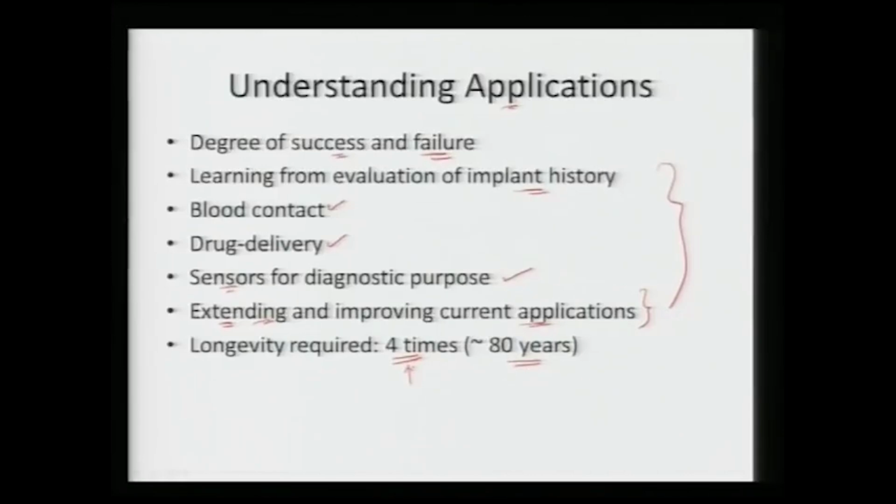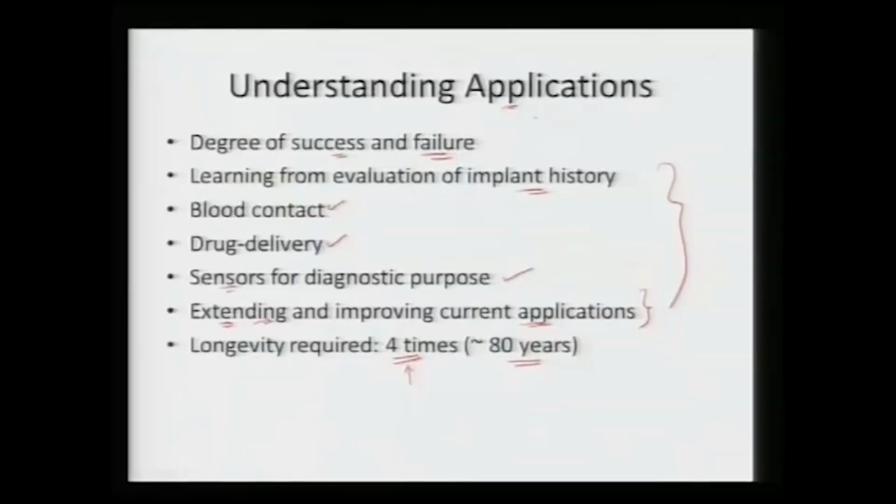Just reiterating, understanding the applications is based on the degree of success and failure that we can learn from the history of that particular implant. That implant can have some sort of blood contact or tissue contact. It can again be utilized for drug delivery. So for controlling the aspect of degradation, we again require certain engineering.